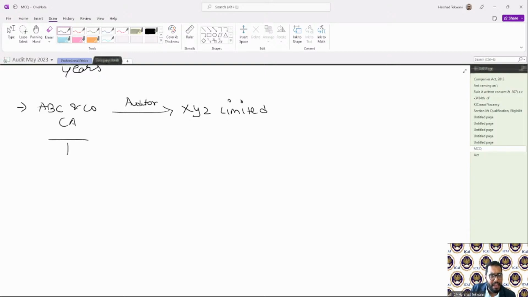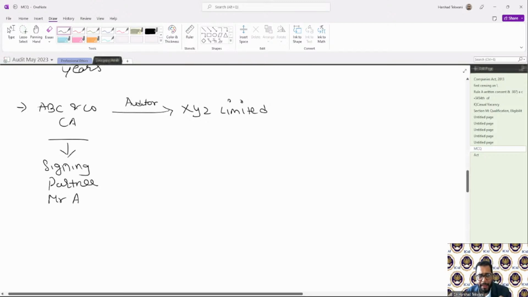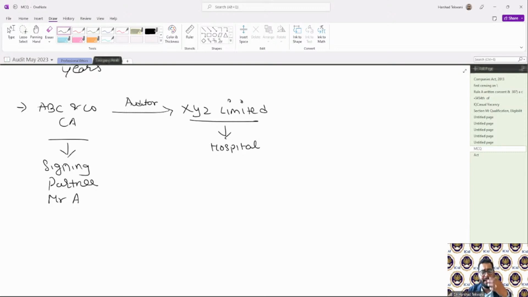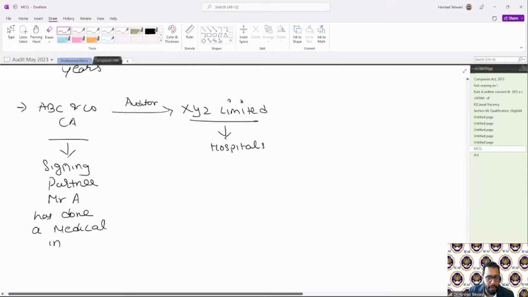Now, the signing partner of ABC was Mr. A. Let's say XYZ Limited was managing hospitals. Now signing partner Mr. A has done a medical treatment in XYZ hospital.